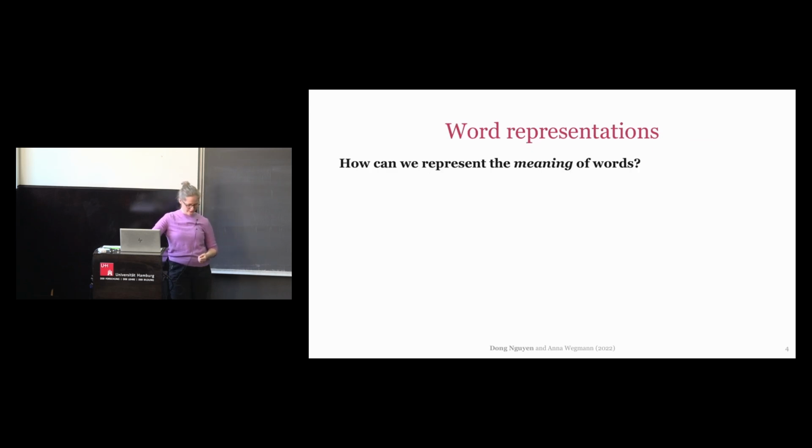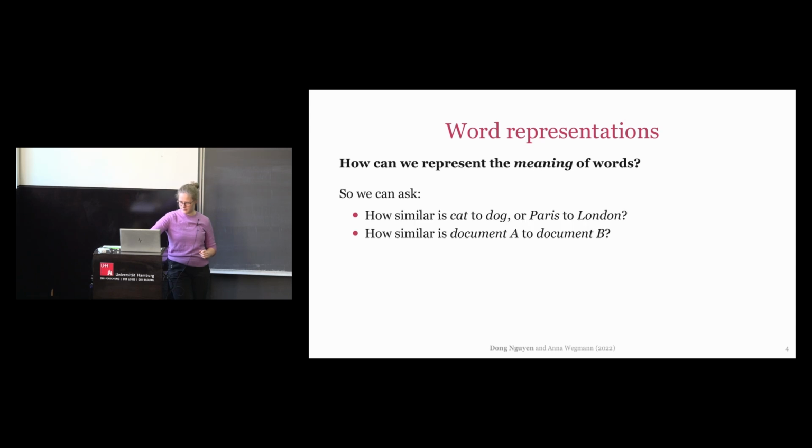But especially those three tasks will be depending on the meaning, what is really said in that text. And if we go to an even smaller unit, what is the meaning of the words in that text? So if we can represent that, we could ask things like, how similar are two words, right?